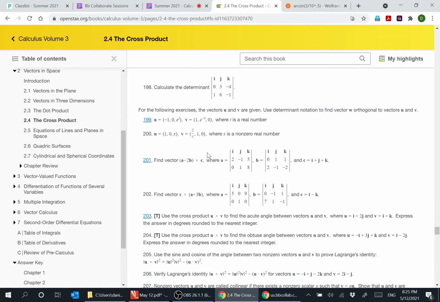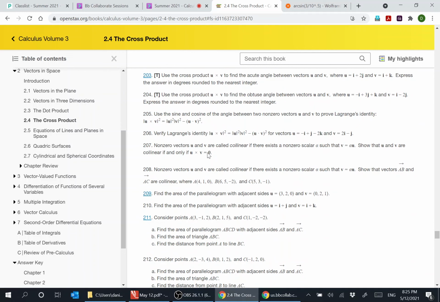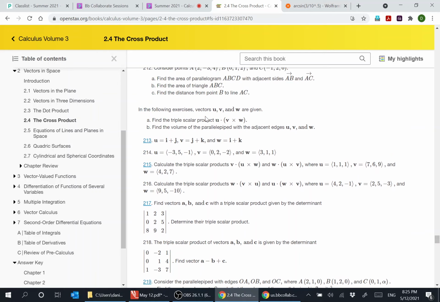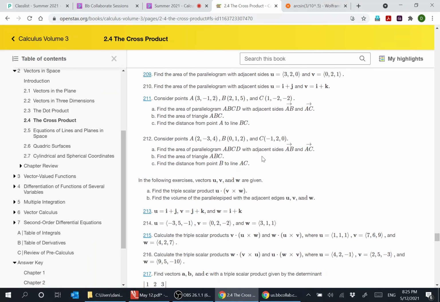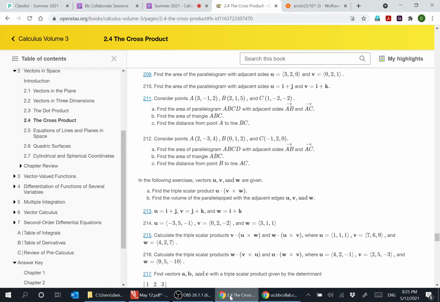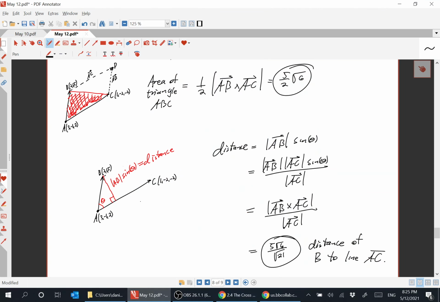Where did it go? What number was this? So the distance of point B to the line AC. No, that. Hold on a second. What's going on? Oh, yeah. The distance from point A to line BC. So the distance of point A to line BC is right there.